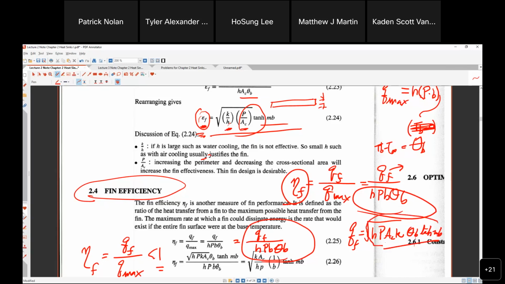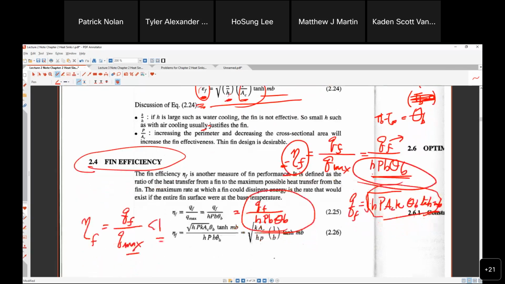You don't have to use these, okay? We look at the efficiency and then calculate the actual, because this is known usually. That's what I'm going to explain.